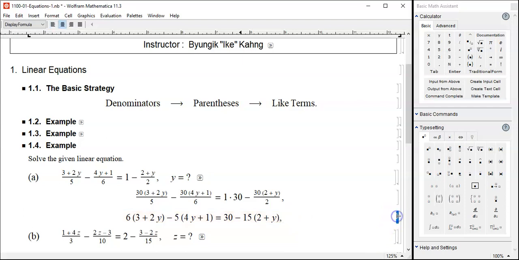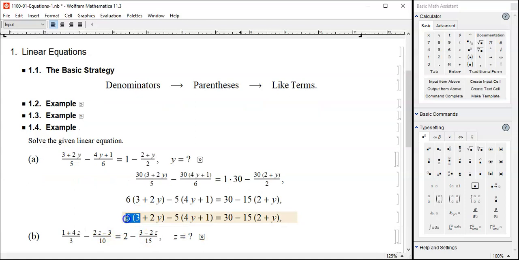Okay, let's break up the parentheses. 6 times 3 is 18, plus 6 times 2 is 12y, minus 5 times 4 is 20, 5 times 1 is 5, 30, minus 15 times 2 is, 15 times y is.